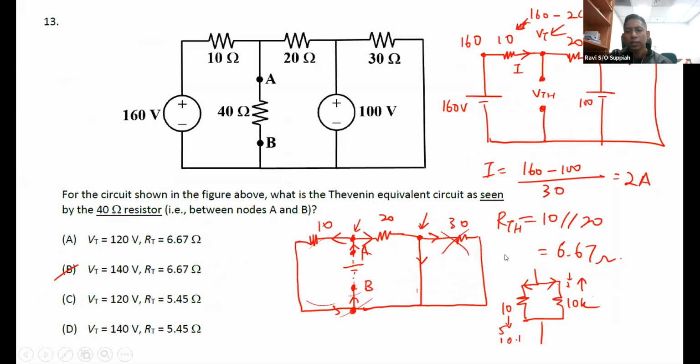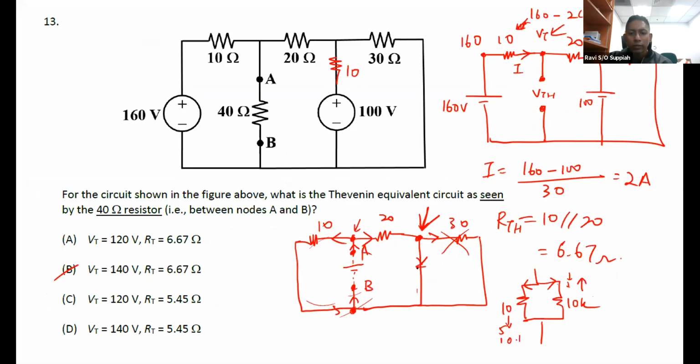Okay, so in this case, you can see that from this point over here, I can actually totally bypass the 30 ohm and go directly back to here. Let's assume that over here there was another resistor, let's say 10 ohm.